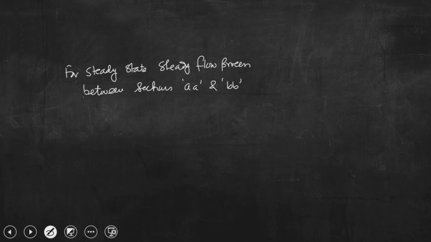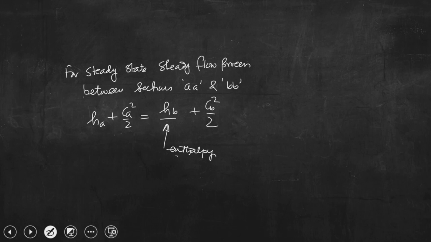What can we write? We can write H A plus C A square by 2 equal to H B plus C B square by 2. So, this is the enthalpy at section B B, enthalpy of the flowing air stream.